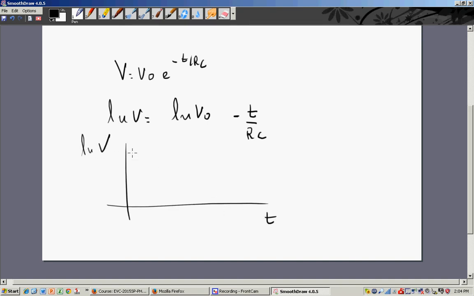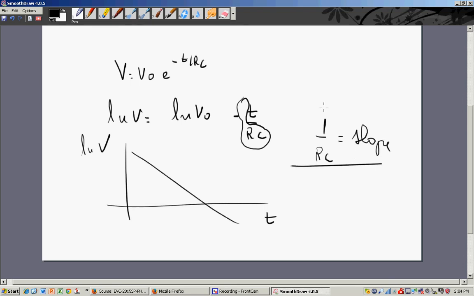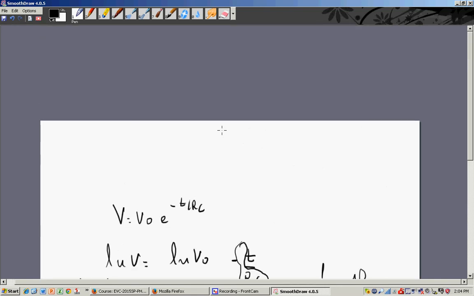So when you plot natural log of V per T, this slope is 1 over RC. Okay, so in your report, you should show that, you should indicate you understand what the physics of it is, basically. Okay, good enough?